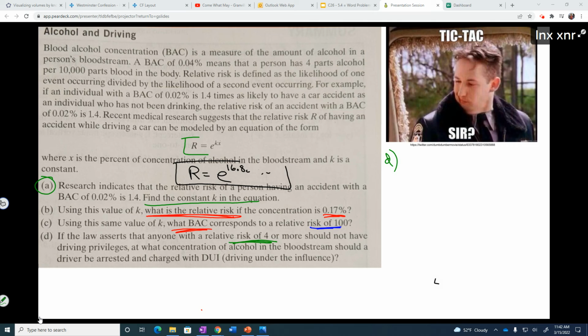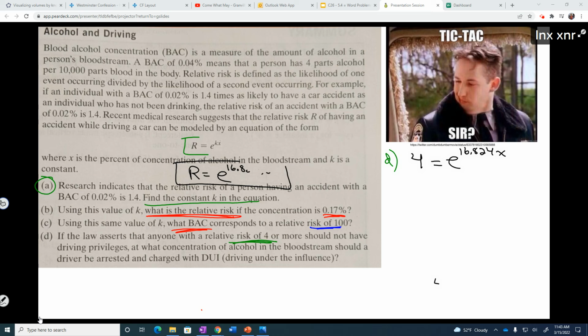Right. So they decided that 4 or more should be where it should be illegal. Seems like maybe that's a little bit too high. Seems like maybe 2 is more reasonable. At any rate, if the risk is 4 times as likely to have an accident, then you can't be driving. You will get arrested and charged with DUI. So we've got 4 equals our relative risk, e to the 16.824x.